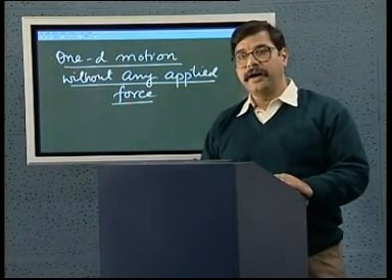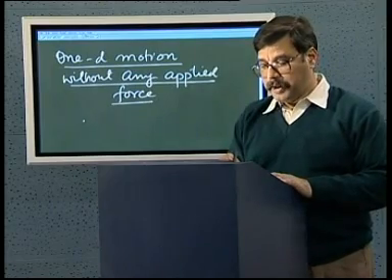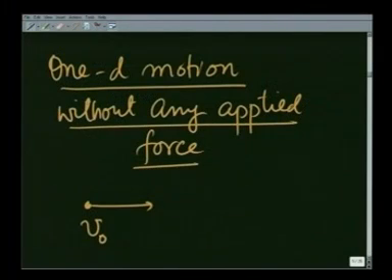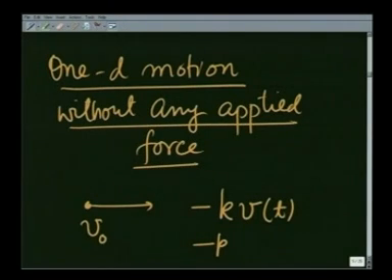Therefore, initially I have to throw the particle with some initial speed v0, and as it moves along it experiences a force which is minus K v. v is changing with time, or I can also write v is changing with the distance. Let this direction be x direction, that is why I have written x here.